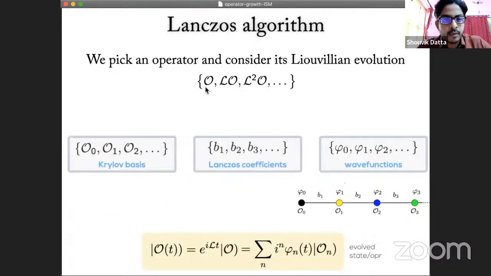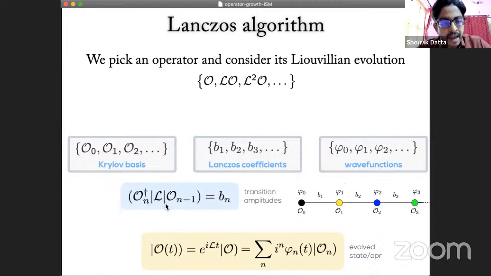So we looked at the Liouvillean evolution, got a bunch of operators, orthonormalized them, and got the Krylov basis. By the action of the Liouvillean on one of these operators from the Krylov basis, you can get transition amplitudes, which are nothing but the Lanczos coefficients, as I showed in the previous slide. One can also find the evolved operator or the evolved state, which is given by the action of the Liouvillean on the operator itself.